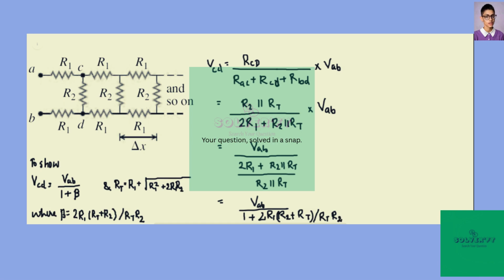Well, if you look at this, this should be beta. So this implies VCD equals VAB upon 1 plus beta. So you prove this.